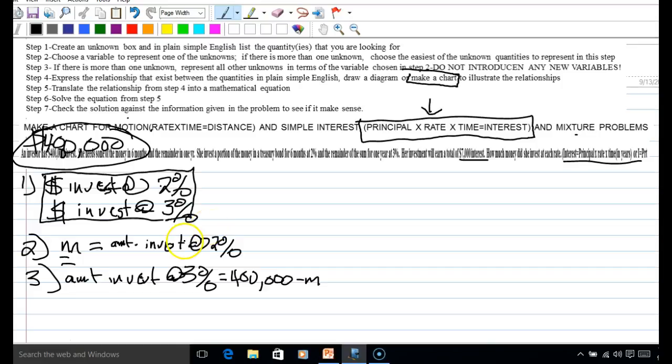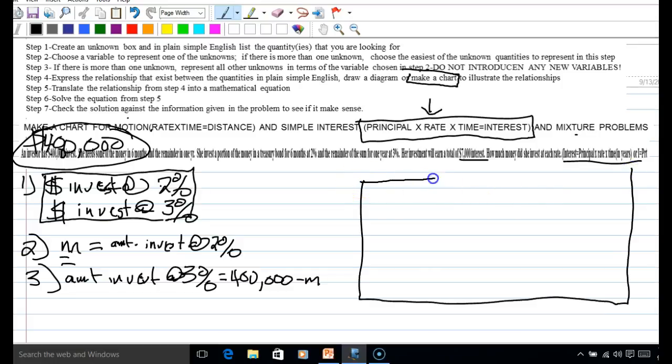Now again, in motion, simple interest, and mixture problems, you need to create a chart. And you will have a column for each one of these quantities in the formula that pertains to computing interest.